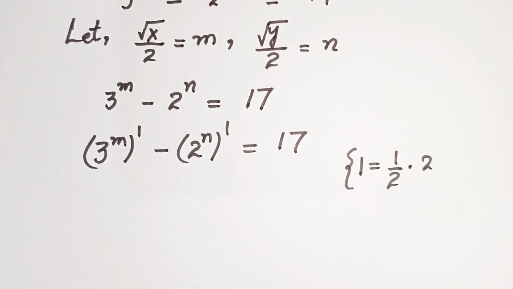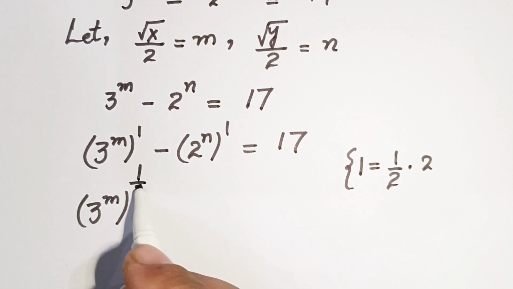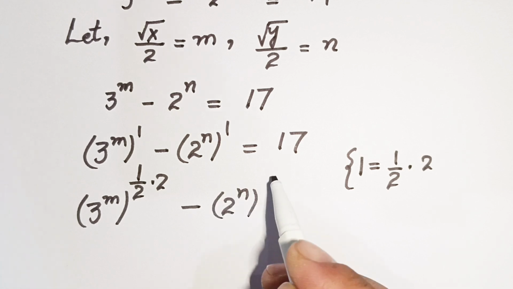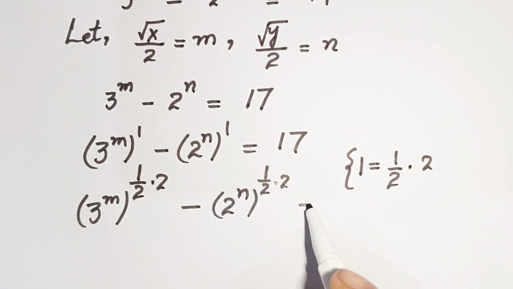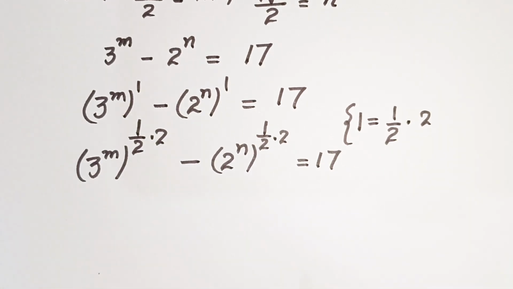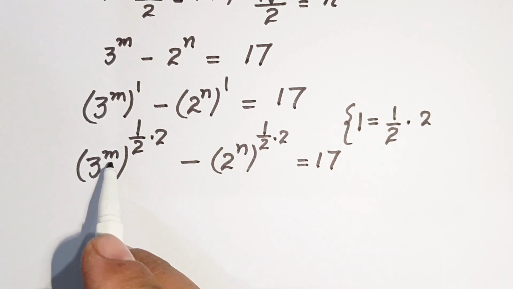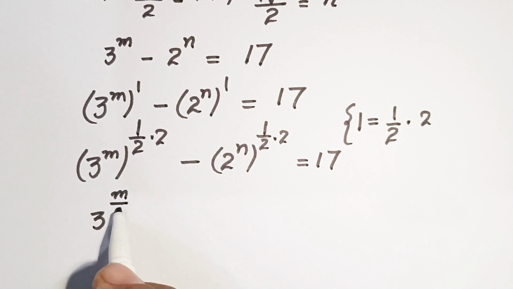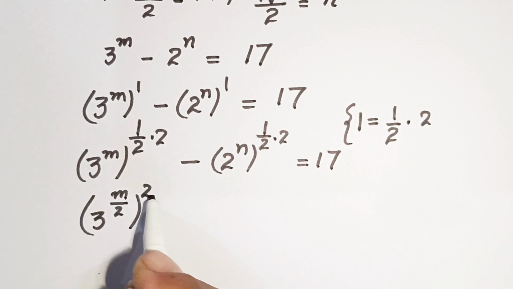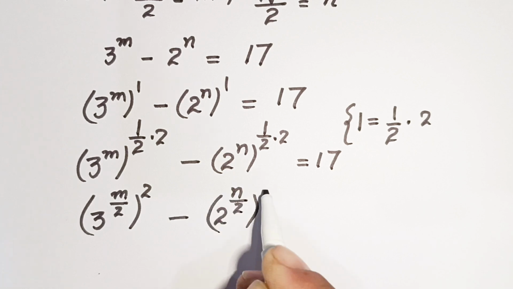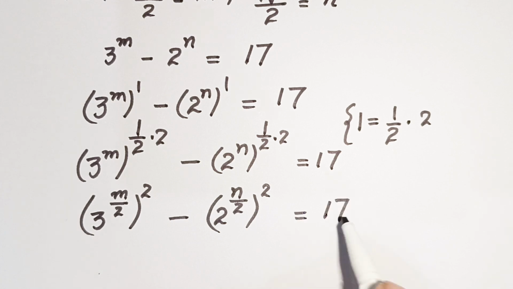So 3^m can be written as (3^(m/2))^2, similarly (2^(n/2))^2, equal to 17, using the exponential law.